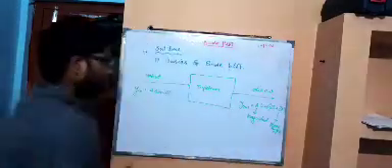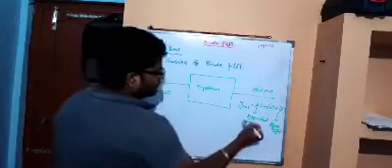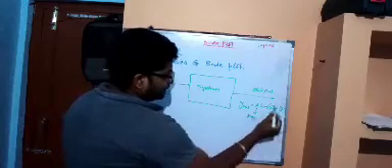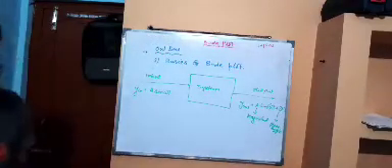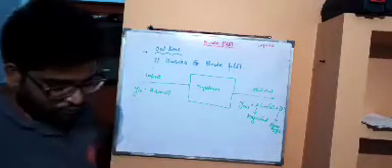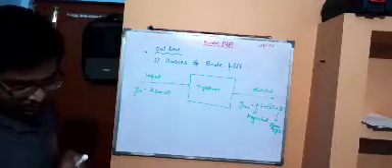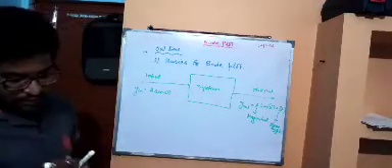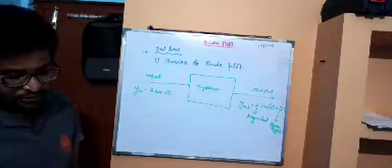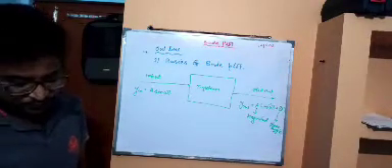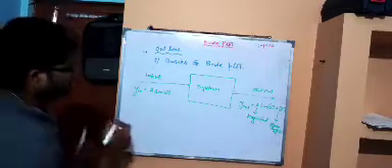So in Bode plot we are plotting magnitude and phase angle separately by varying the value of frequency or omega.